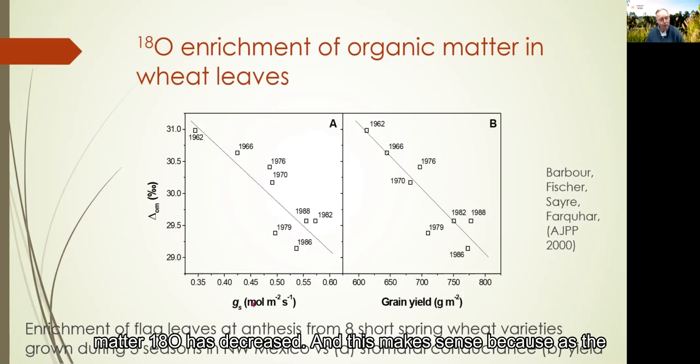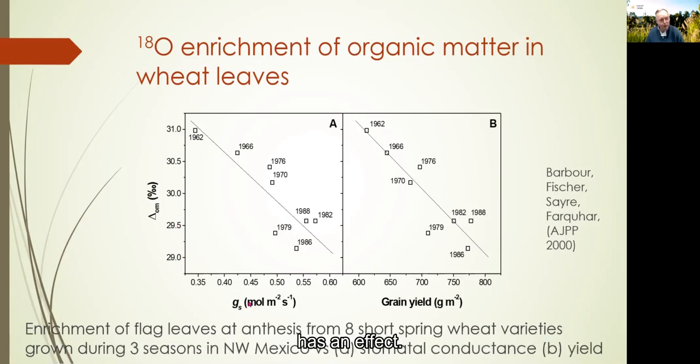Now this makes sense because as the stomatal conductance goes up, the leaves cool slightly, so that has an effect. But also it means that the kinetic isotope effect changes slightly more towards the boundary layer limitation and away from the stomatal one alone.